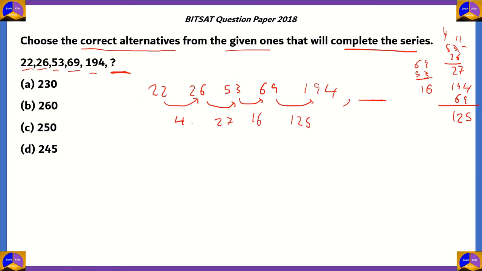Let's look closely at the differences. As you can see, 4 is 2 squared. 27 is 3 cubed. 16, in the same vein, can be written as 4 squared, and 125 can be written as 5 cubed.